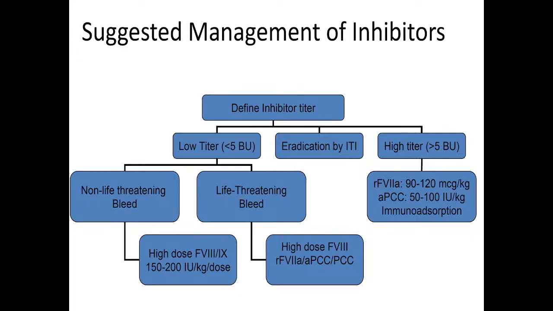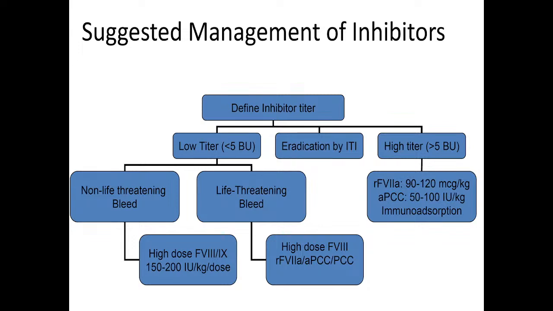This activates the extrinsic pathway, and that is how the clotting will happen. The dose is 90 to 120 microgram per kg, and the duration is only 2 hours. It works only for 2 hours, and the cost is about 40 to 50,000, so it is very costly. Every 2 hours we have to use it again. So, one time we can use it to stop bleeding, but to maintain it is very difficult.